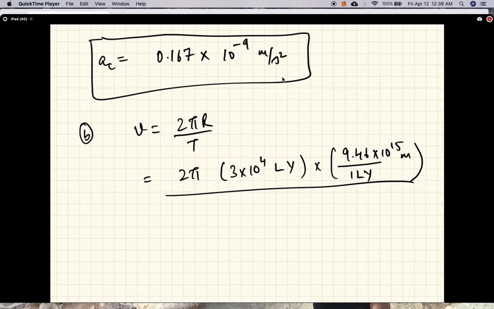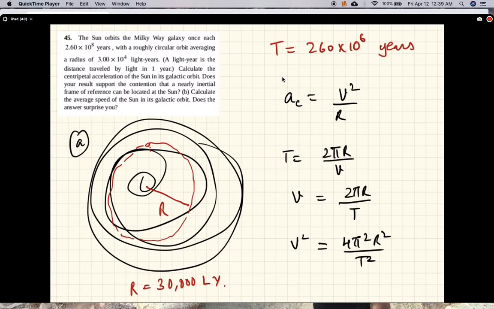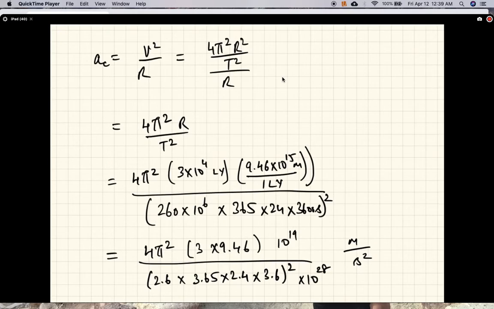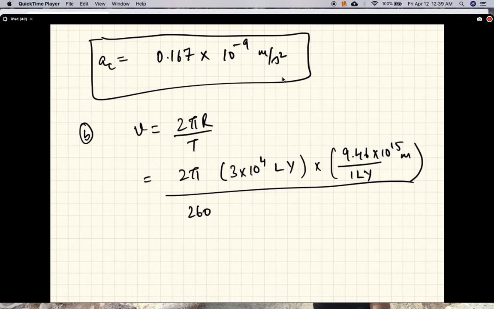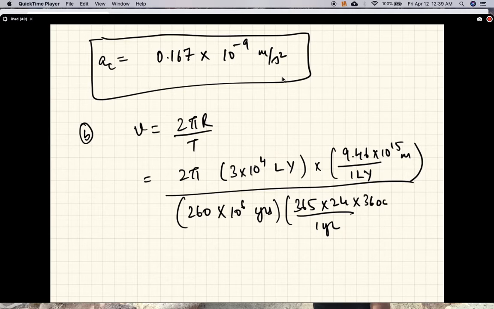And the period is 260 million years, and each year is 365 days, 24 hours, 3,600 seconds. We've done this several times, but anyway.